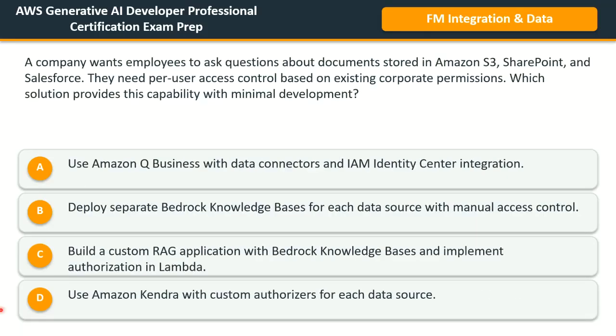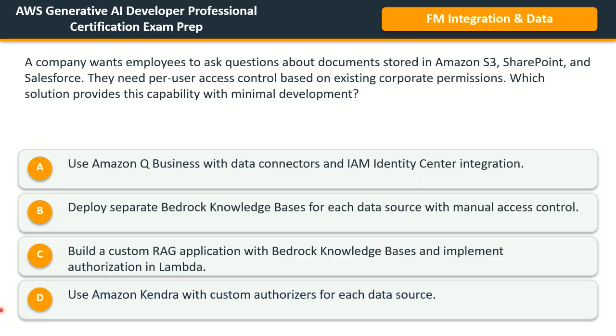The company wants employees to ask questions about documents stored in Amazon S3, SharePoint, and Salesforce. They use per user access control based on existing corporate permissions. Which solution provides this capability with minimal development? A, use Amazon Q Business with data connectors and IAM Identity Center integration.